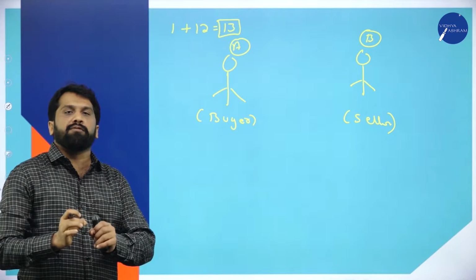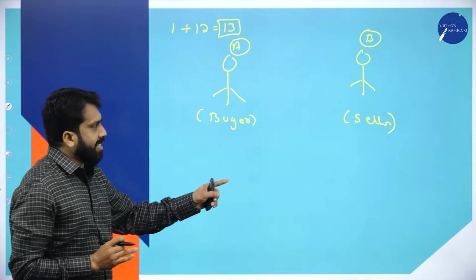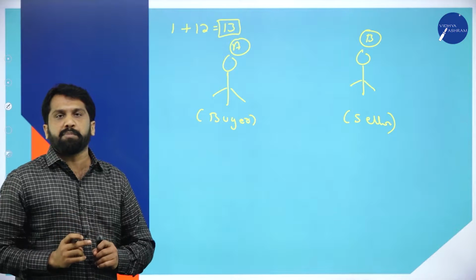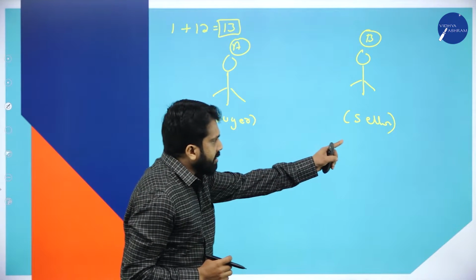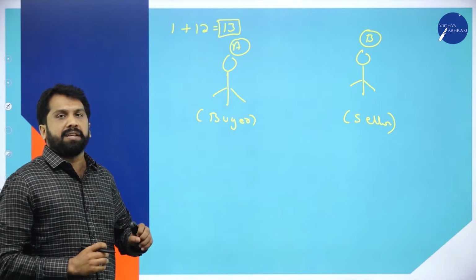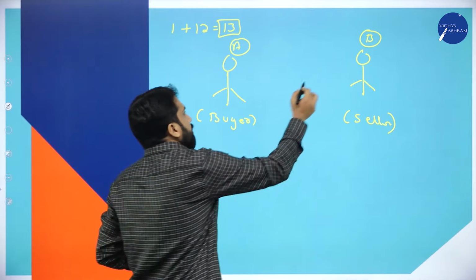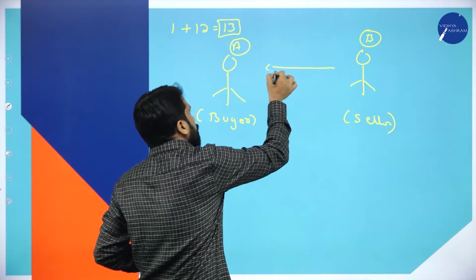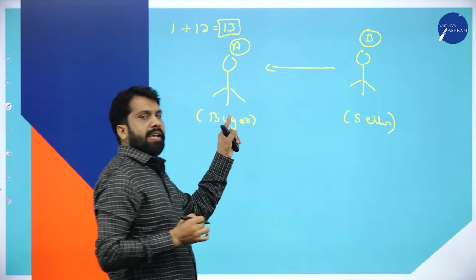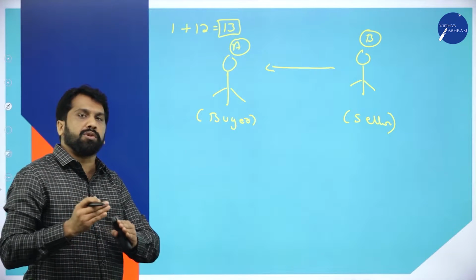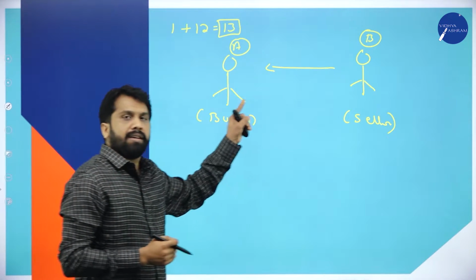What is bills of exchange? With this example, you will understand better. He is a seller and he is the buyer. For example, the goods sold from B to A.